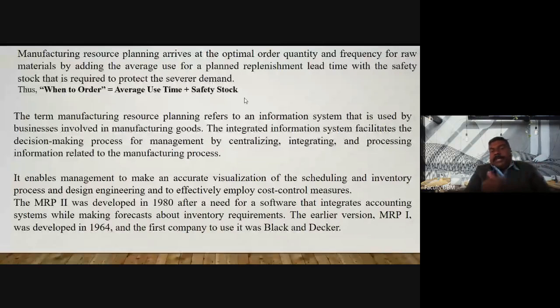We have been saying there was a need for software that integrates accounting systems while making the forecast. So here, why is the manager given so much importance? Because a manager can take decisions by estimating, that is forecasting the demand, forecasting the cost, forecasting the interest of the customers, that is customization of product. You know that already, I said MRP was developed in 1964 and the first company to use it was Black and Decker.